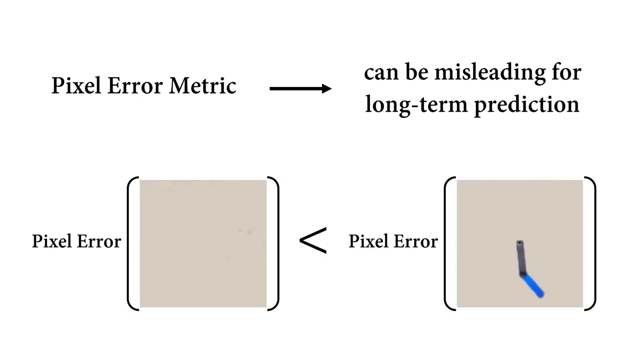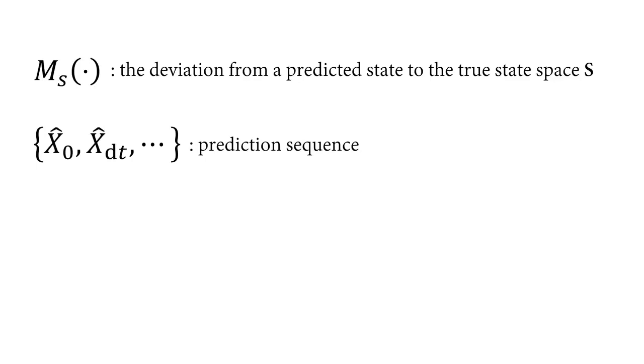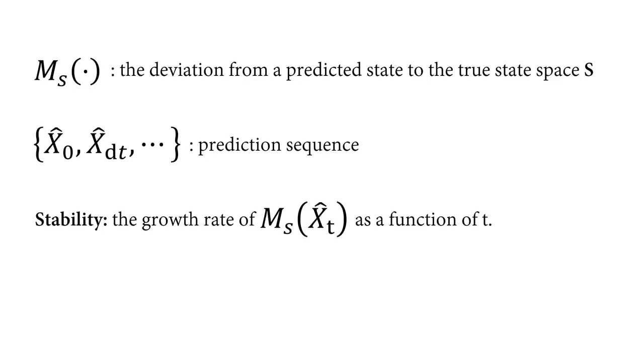This observation further emphasizes the significance of designing an appropriate metric to evaluate stability. Here, we define a metric M_S that measures the deviation from a predicted state to the true state space S, and a prediction sequence from any initial state x0 hat. We can quantify the stability of a prediction scheme as the growth rate of the M_S as a function of t.